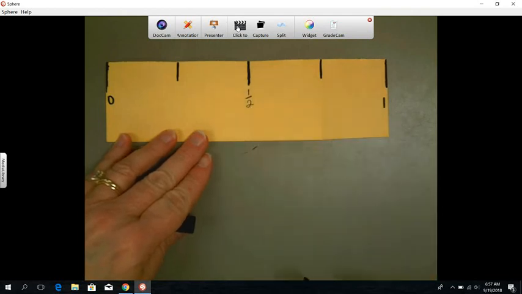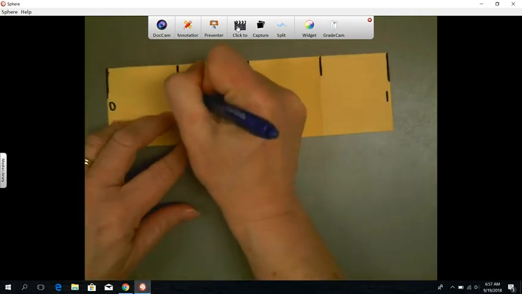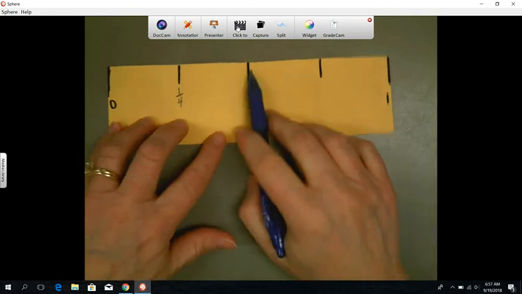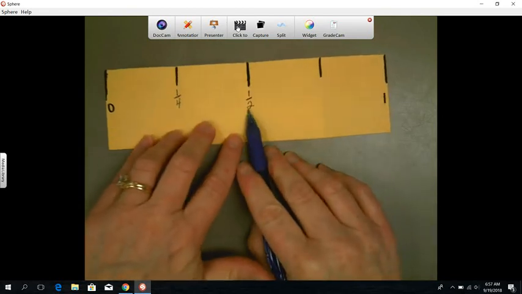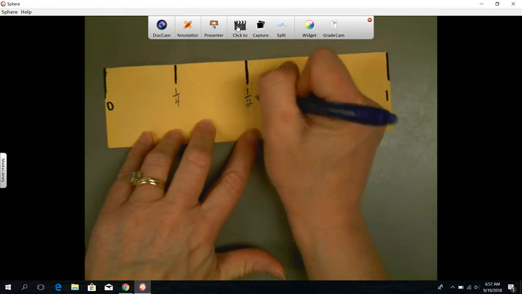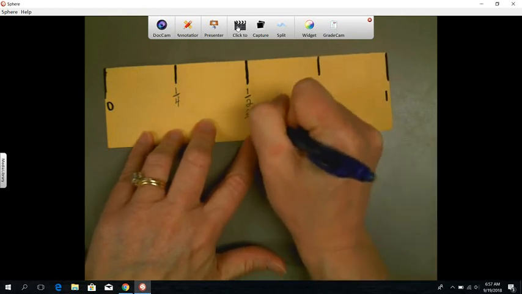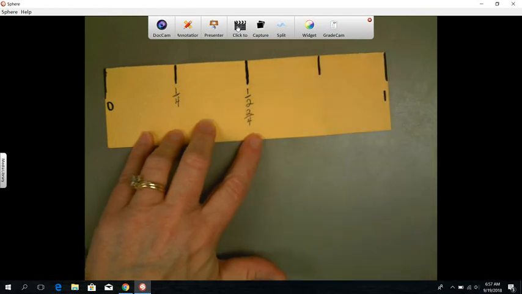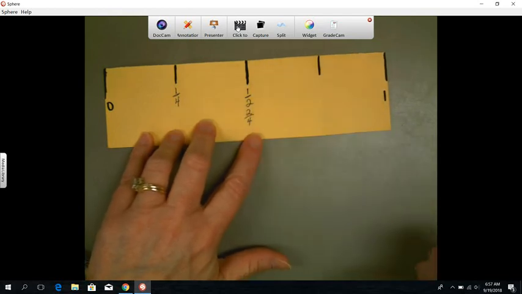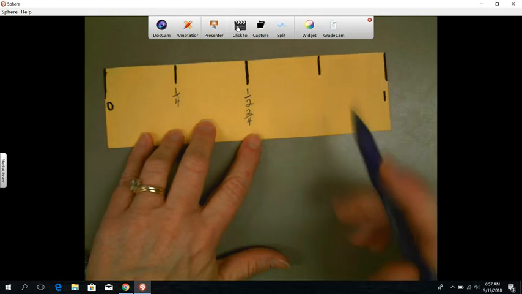So one of those sections would be 1/4. This section, even though it's a half, is also equivalent or equal to 2/4. So we have 1/4 and 2/4 there. Those are the same equivalent fractions.